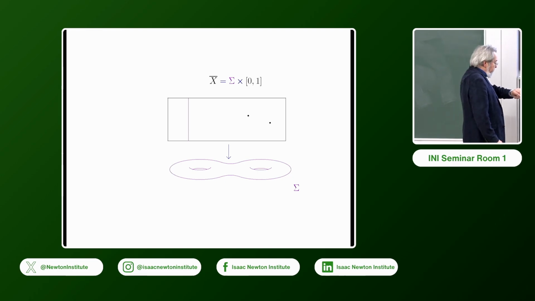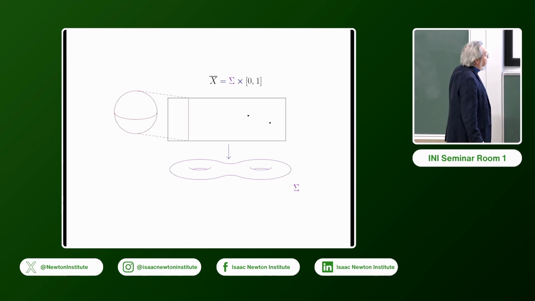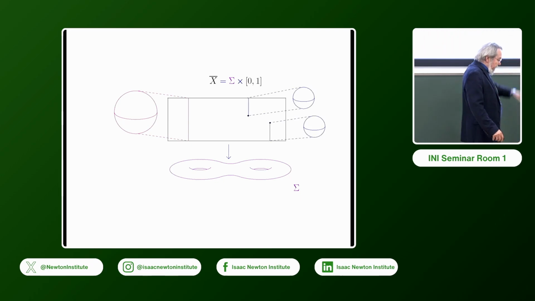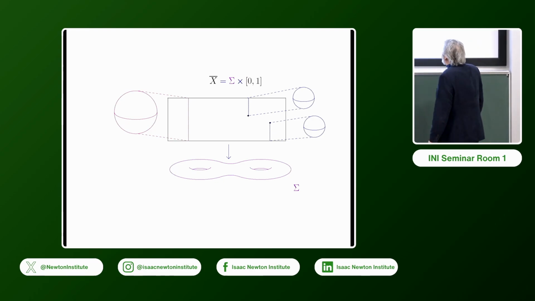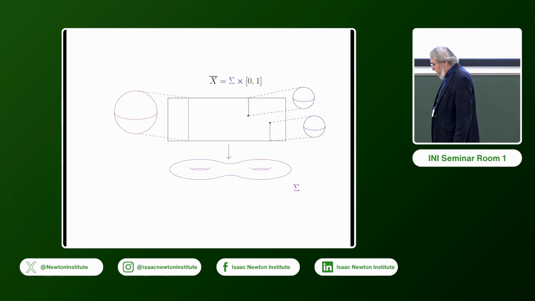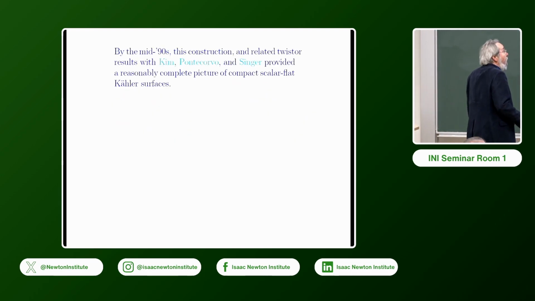Oops, I'm sorry, I'm over time. So I have to bring this to a close. Anyway, you can actually figure out that the blow-ups are two spheres that join one of these puncture points to a boundary component, with the pre-image of that in the circle bundle.